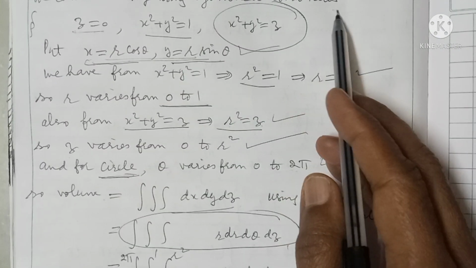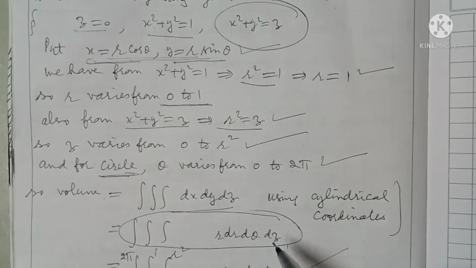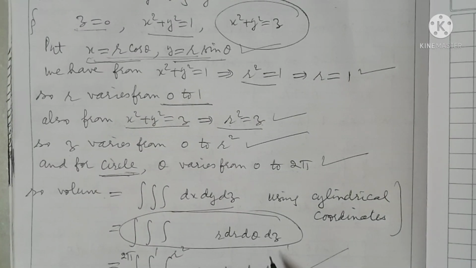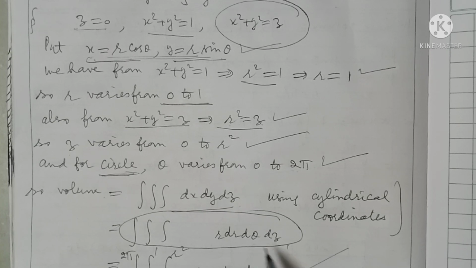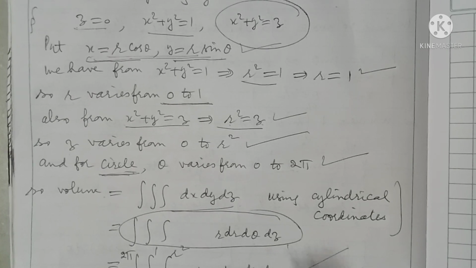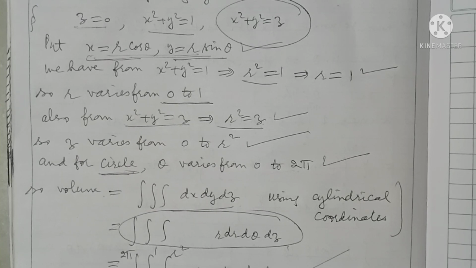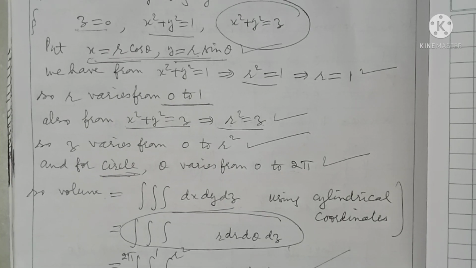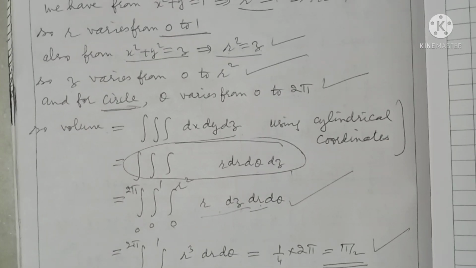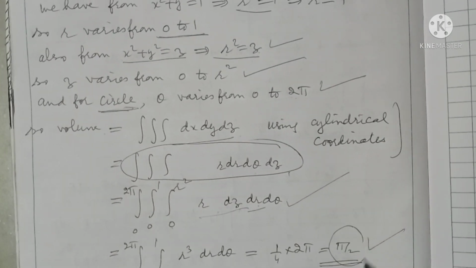So here we found the limits of r, then theta, and then z, right? So we see that in both the methods we got the same answer, that is pi by 2. So this is what we got. The required volume is pi by 2.